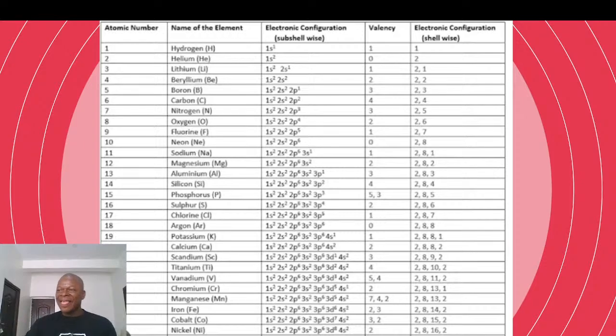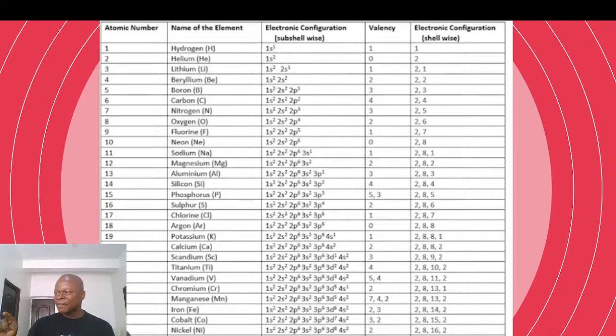So it's very easy. Then you want to arrange them in shells, K, L, M shell. In each shell for silicon, you have 2, 8, 4.